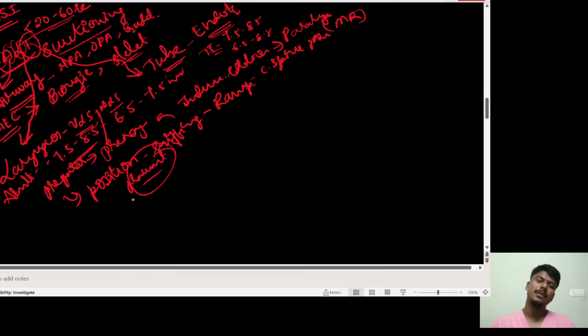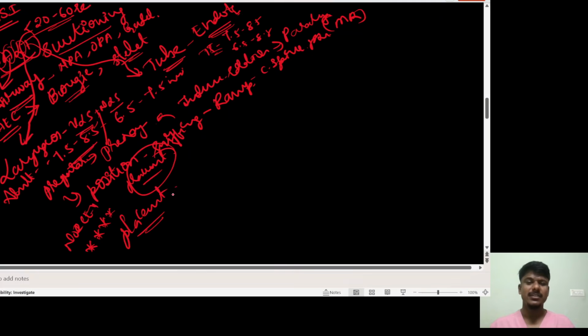What is the proper placement of the tube? This is a probable question for NORCET and all. Regarding placement of the tube, all the questions they ask are confirmatory, post intubation.